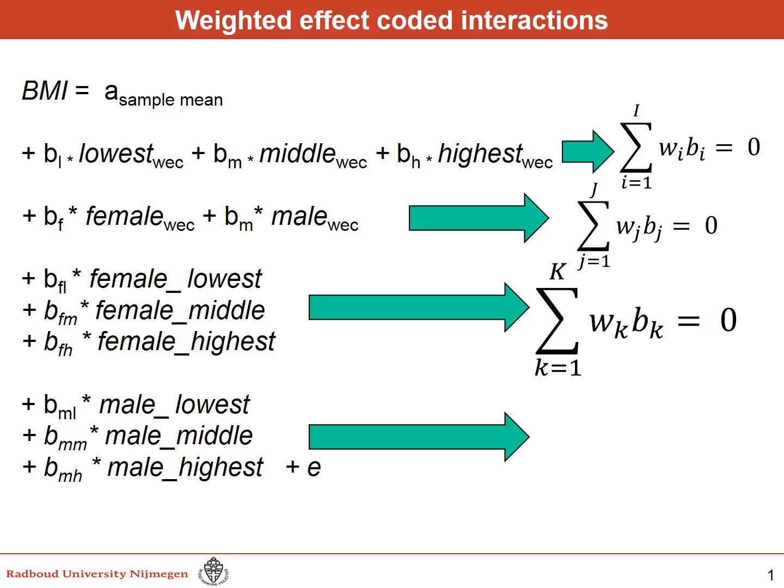And we can do the same for the interactions between male and lowest, middle, and highest education, saying that the sum of the weighted B parameters again is zero. So we have four restrictions on this regression model, and if we impose those four weighted effect coded restrictions, then we get estimates.